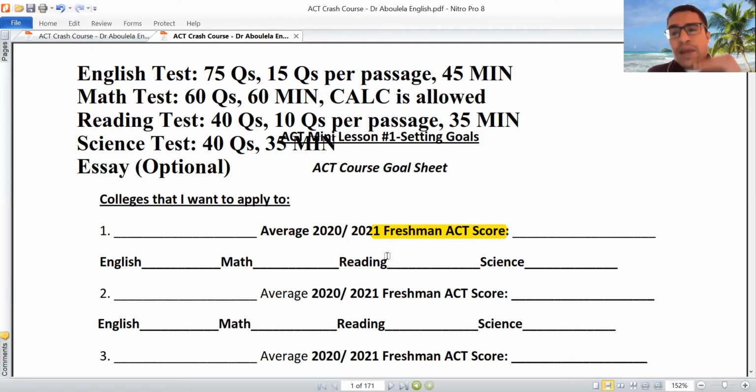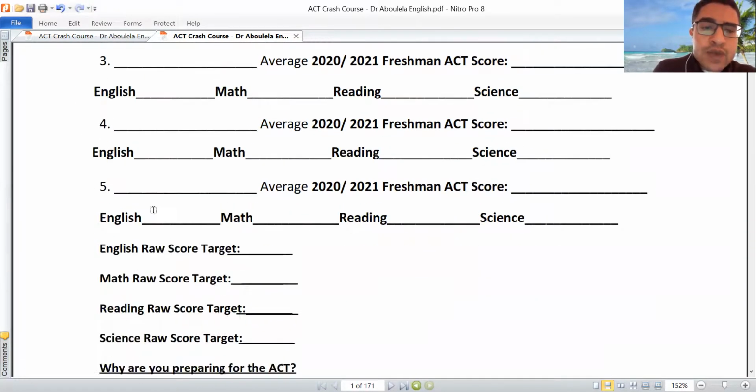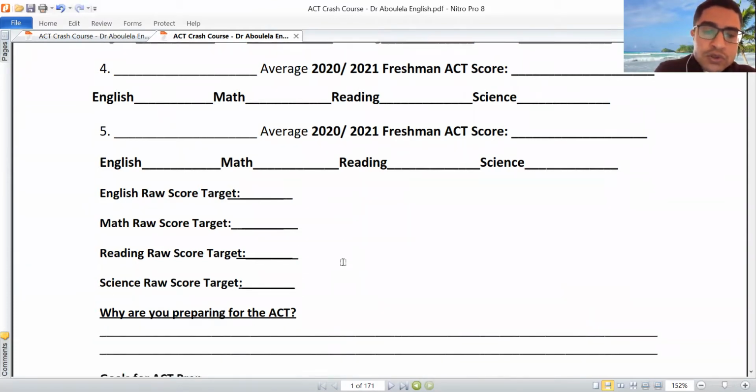Maybe you can aim a little higher than that cutoff score. You do the same with all the schools you want to apply for. Then finally you set the English raw score target, remember you're working backward, the math raw score, the reading raw score, and the science raw score.